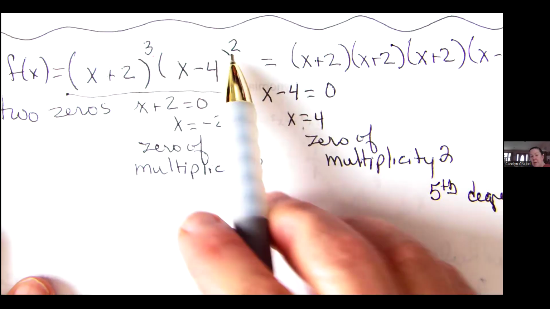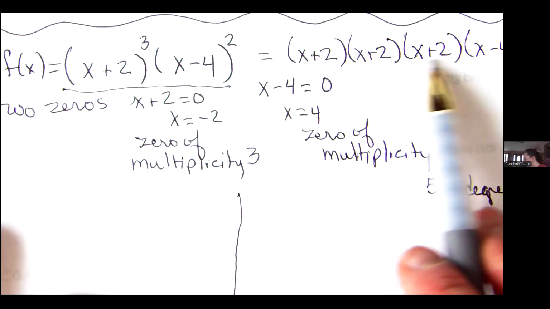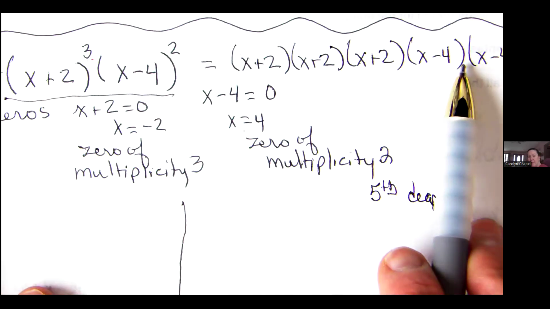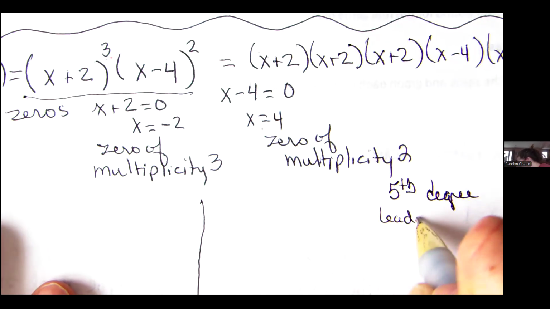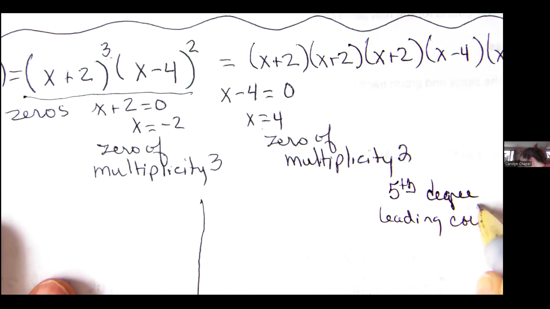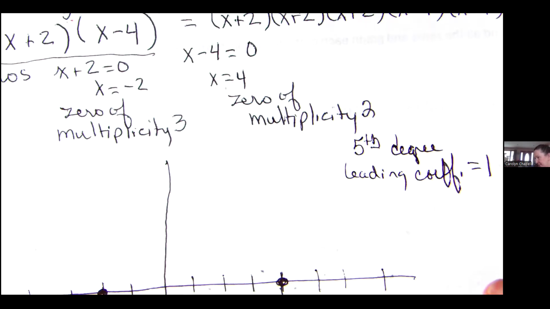Also, we can see that when we add those exponents. Our leading coefficient will be the multiples when we have all those x pieces. So our leading coefficient is equal to 1. So that's positive. So odd degree, positive leading coefficient.